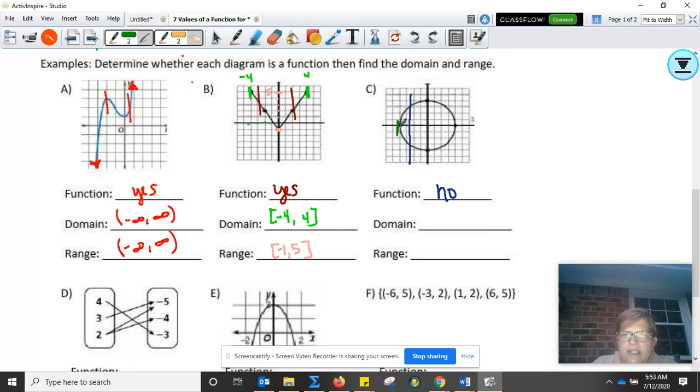Yeah, it's here and here. So what are those two numbers? 1, 2, 3, 4, and negative 4. So my domain is going to be brackets, because we know the endpoint, negative 4, comma 4. Okay, brackets are known.